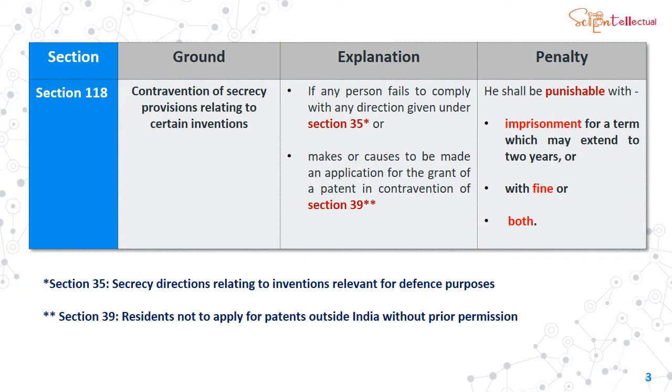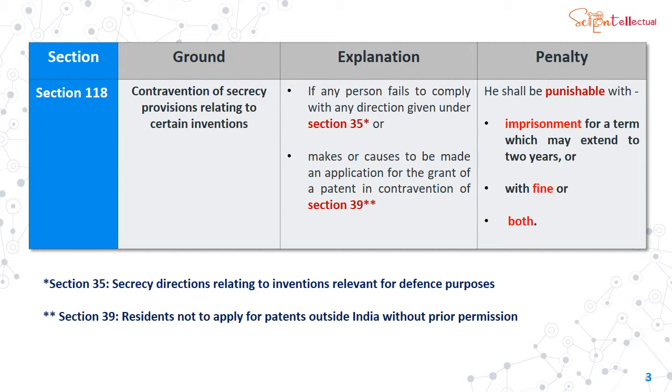Section 118. On the ground of contravention of secrecy provisions relating to certain inventions, if any person fails to comply with the direction as given under Section 35 or makes or causes to be made an application for the grant of patent in contravention of Section 39, that is, if any person goes against the direction that is given under Section 35 or Section 39, he shall be punishable with imprisonment, which may extend up to 2 years, or with fine, or with both.